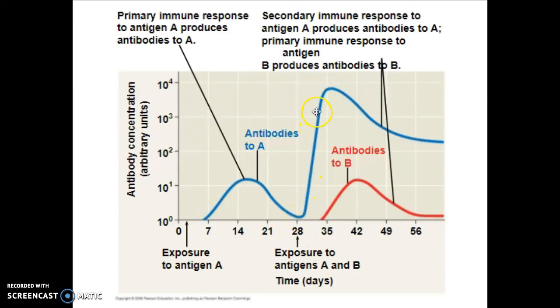We get a whole bunch of antibodies, and we get more antibodies in our second exposure than we do our first exposure. Then at day 28, we were exposed to B, whatever antigen B is, and we get our primary response there. So I think this is just here to show the difference in the scale between the two. It's a much stronger response the second time.